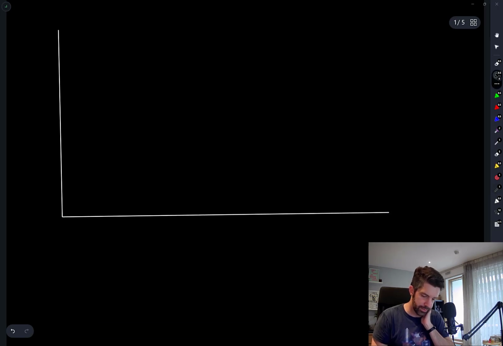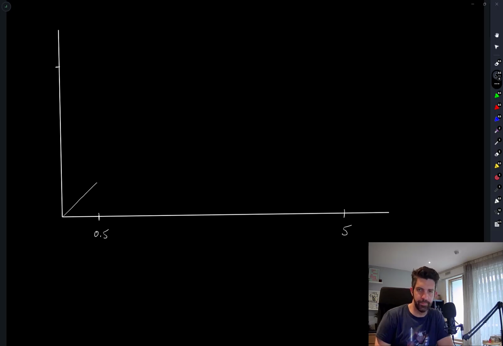So of course we're only interested in the function up to 5. Okay. So between 0 and 0.5, the function is linear. No, between 0 and 2. Yeah.